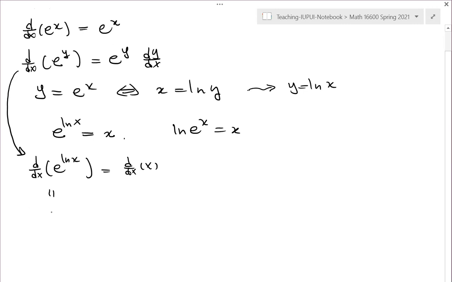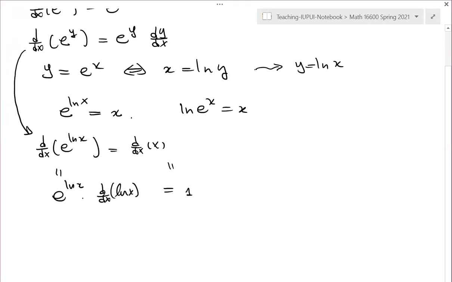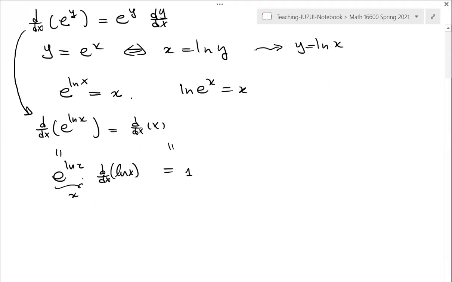So this is going to be e to the natural log x times the derivative of natural log of x with respect to x. The right-hand side is just 1. But e to the natural log x is nothing but x. So it's x times the derivative of natural log x is going to be 1.